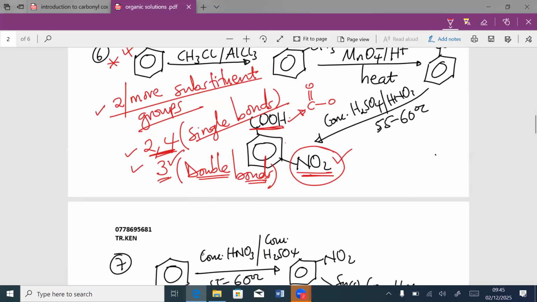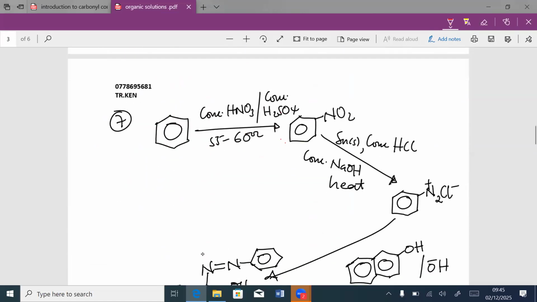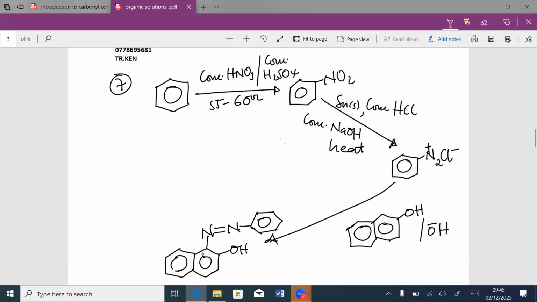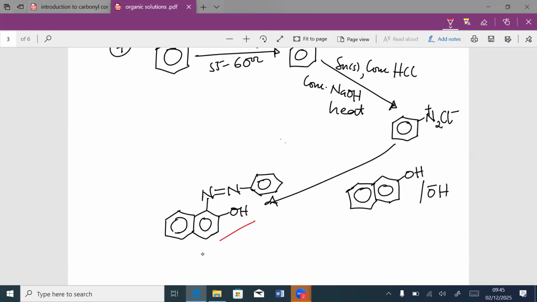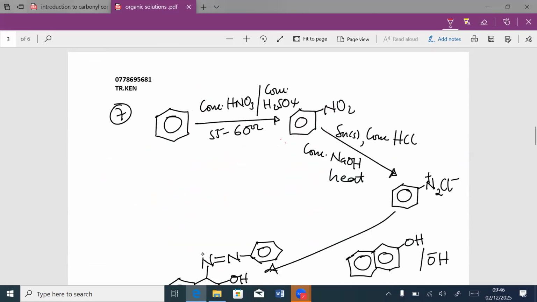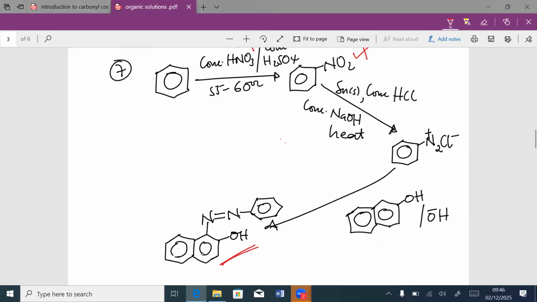Then here, we're synthesizing this compound from benzene. We first form nitrobenzene. After forming nitrobenzene, we form a benzene diazonium salt.